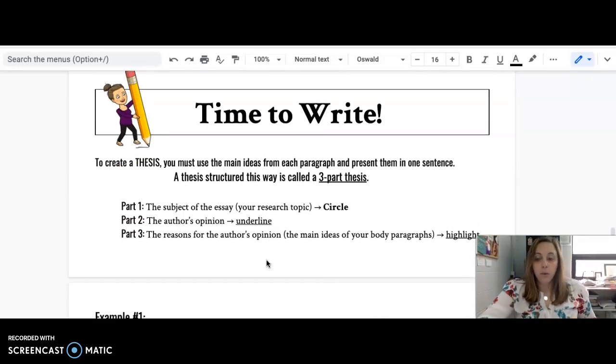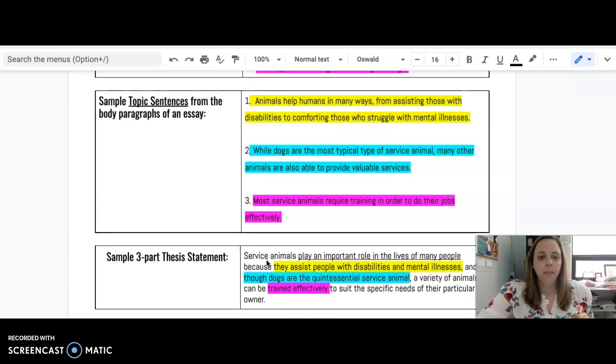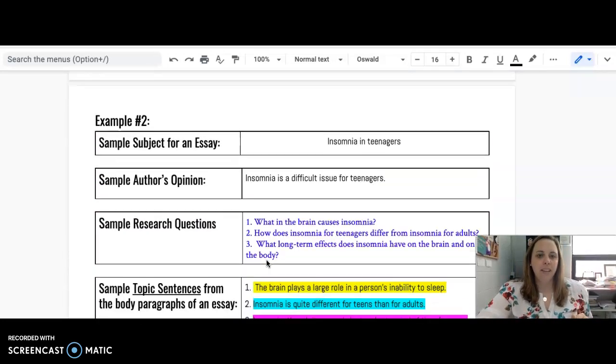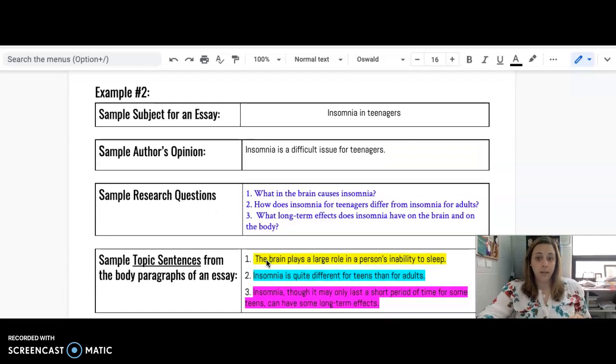So actually, we're going to kind of start backwards. I want to show you what the final project or the final product should be like before you actually start with your notes and things. So if we go here, I want you actually to flip to page 6. Page 6 starts with example number 2.